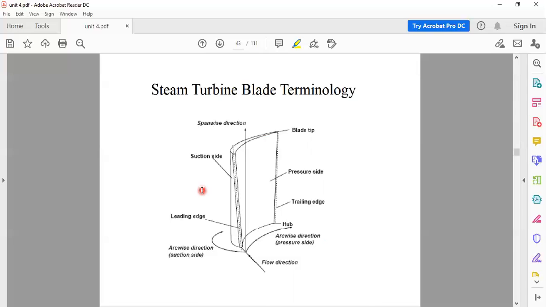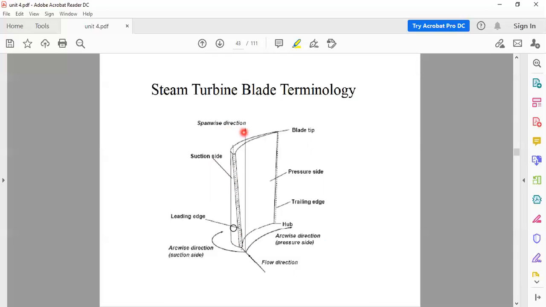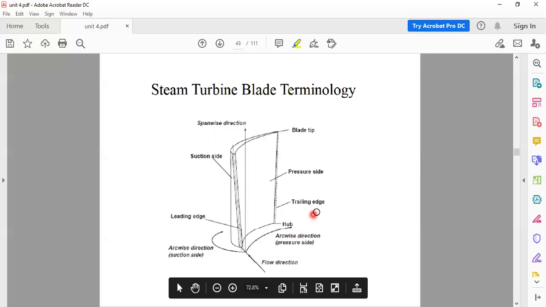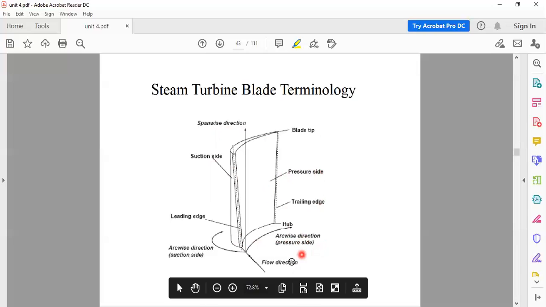So see here, flow direction, arc-wise direction, leading edge, this is leading edge, suction side, span-wise direction, hub, trailing edge, pressure side, blade tip, arc-wise direction, and this is flow direction.